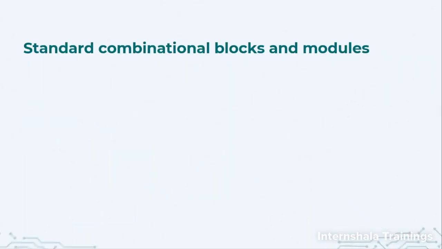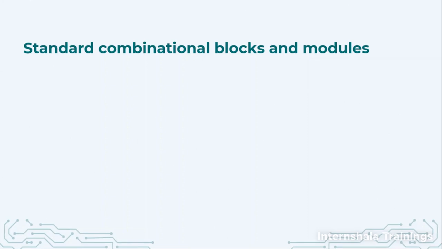So let us talk about some standard combinational blocks and modules. What are blocks and modules? When we program, we do not keep on writing the code for a particular circuit again and again. We will make the code once, and then whenever we use it, we will just call it. So these are called blocks, and the larger blocks or the main one is called a module.